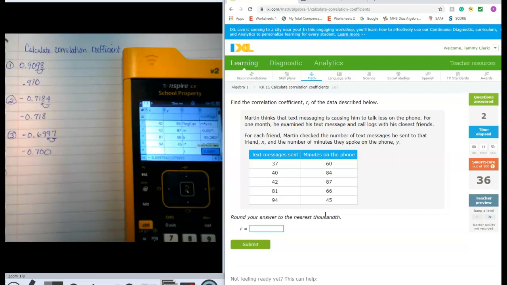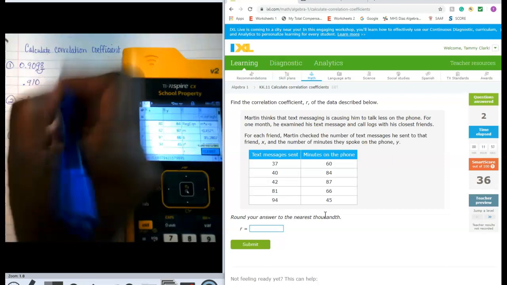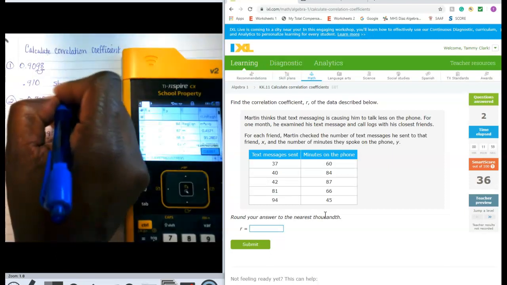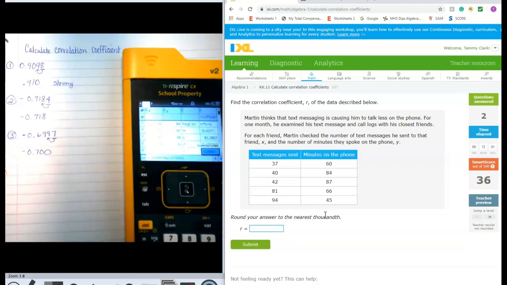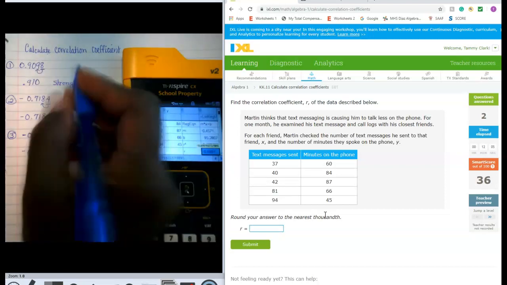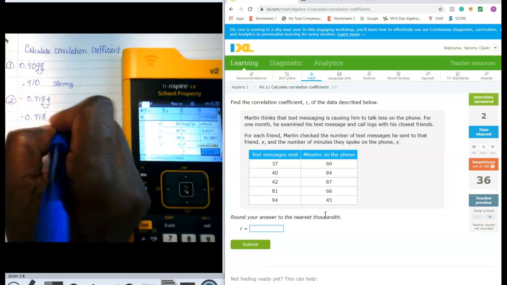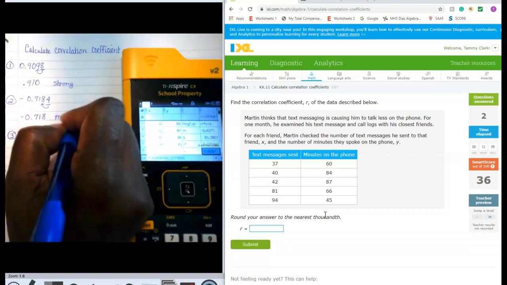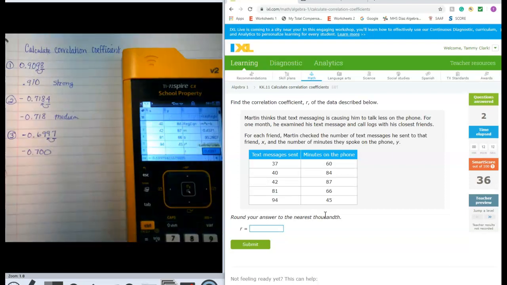Now, we talked about strength of correlation. What I want you to notice, and I didn't really talk about this at the beginning when we did the first problem, but here, this 0.910 is a very strong correlation, meaning if we graph the points would be really, really close to the line. This one was a medium correlation. In other words, it's not really tight on the line, but it's not loose on the line.